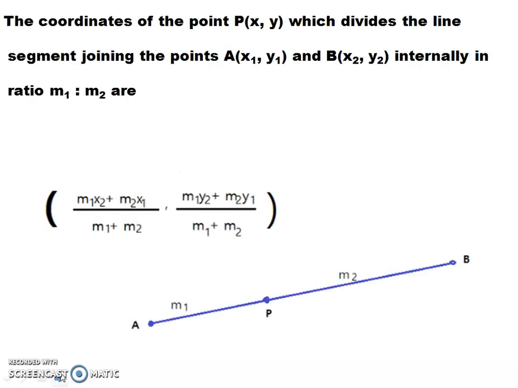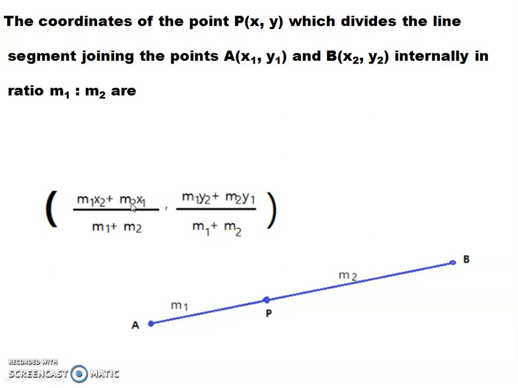So let us see what is the section formula. The coordinates of the point P(x, y), which divides the line segment joining the points A(x1, y1) and B(x2, y2) internally in the ratio m1 is to m2, are (m1x2 + m2x1) by (m1 + m2), and the y coordinate will be (m1y2 + m2y1) by (m1 + m2).